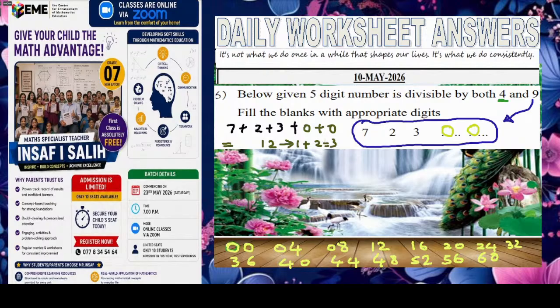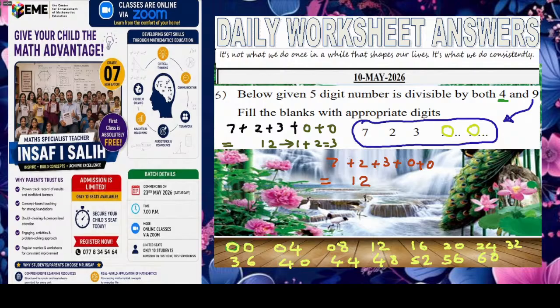Or else there's another way to check whether a number is divisible by 9. When you add the digits, if you get a multiple of 9, then that number is divisible by 9. What does that mean? The digits here are 7 plus 2 plus 3 plus 0 plus 0. 7 plus 2 is 9, 9 plus 3 is 12.